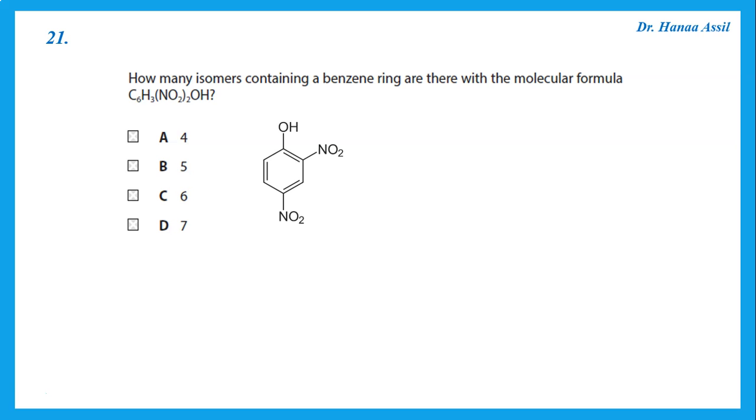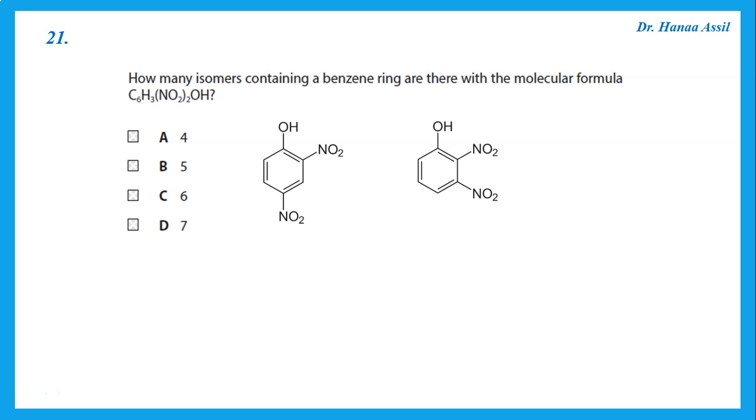I can draw it like this, so that this is 2,4-dinitrophenol, or like this, so this is 2,3. Remember, the carbon with the OH is carbon number 1.